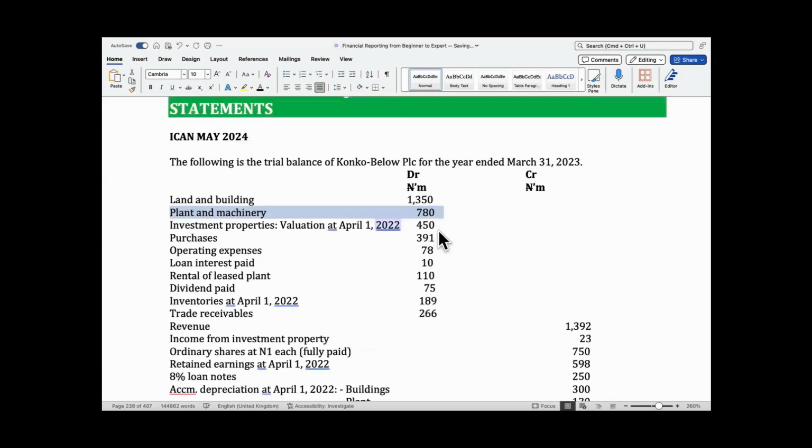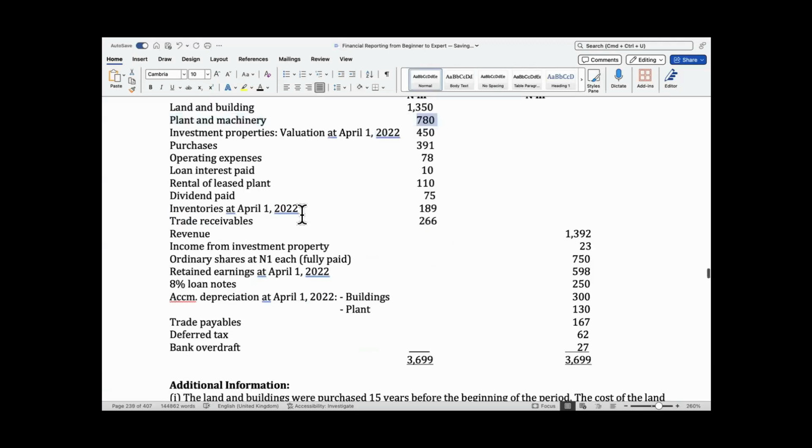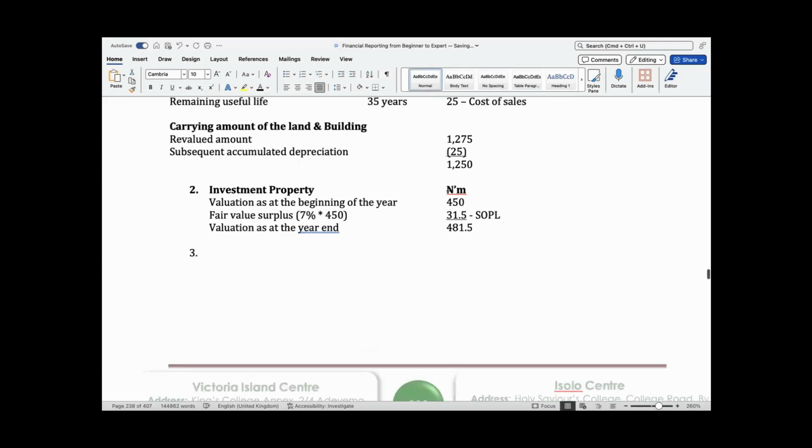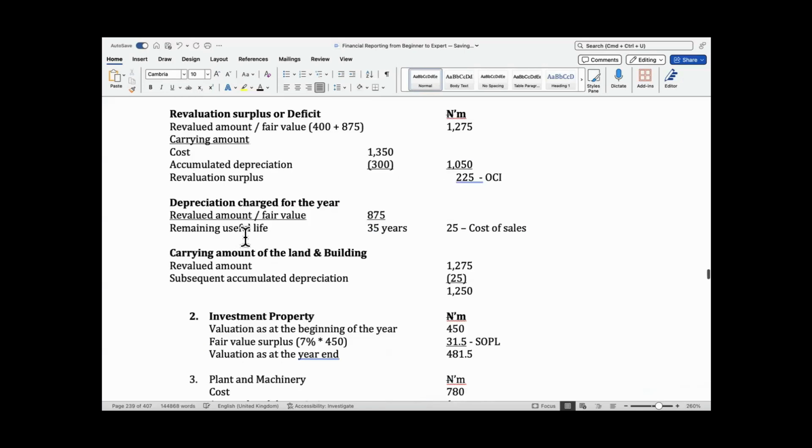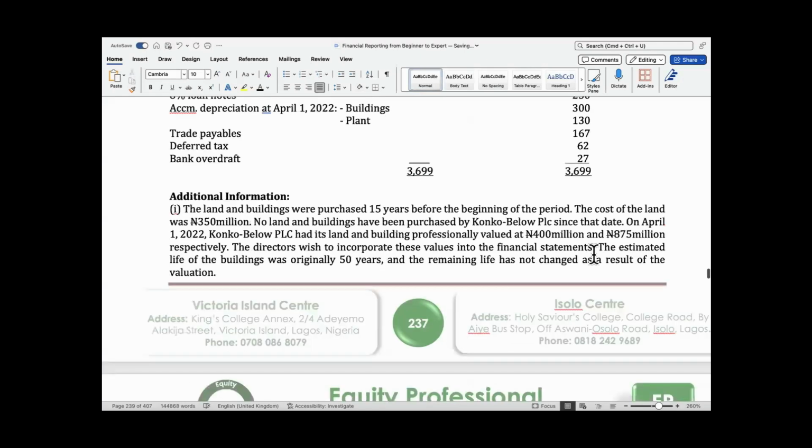So given a value of 780 for plants and machinery, now, I was given the cost as how much? 780. I will deduct accumulated depreciation since my depreciation will be computed using the reducing balance method. The accumulated depreciation for this plant is how much? 130.